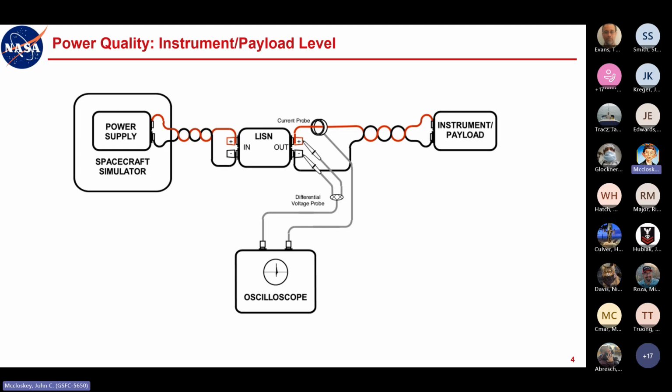Mostly what we're looking at is potential, but if you're going to instrument this stuff, it doesn't hurt to look at current as well. And then you connect that up to the power feed of your instrument or payload. There's the LISN.